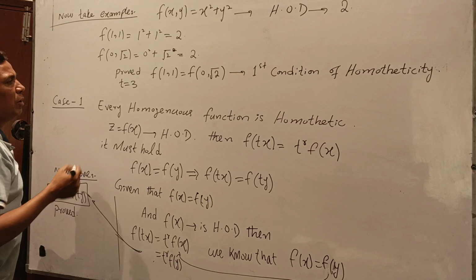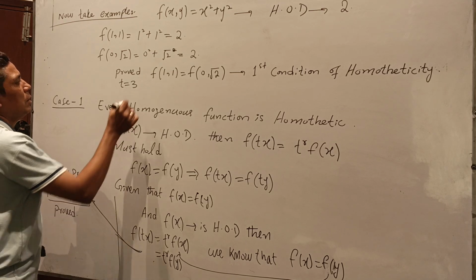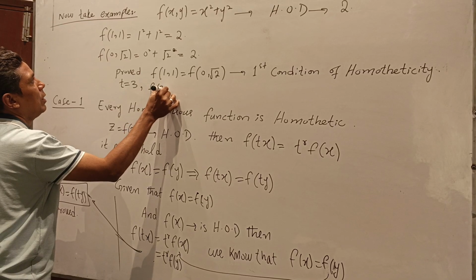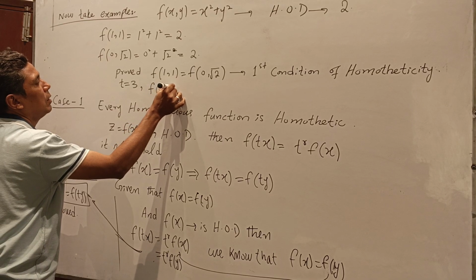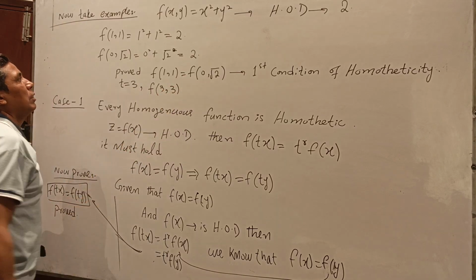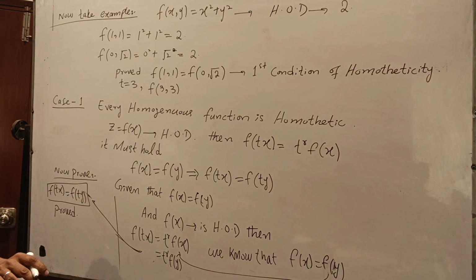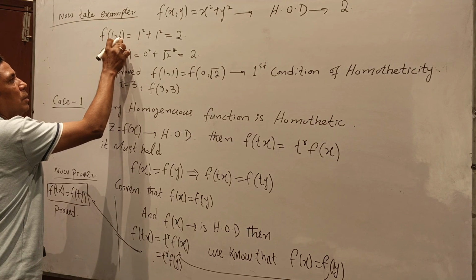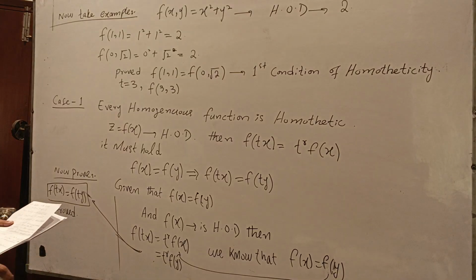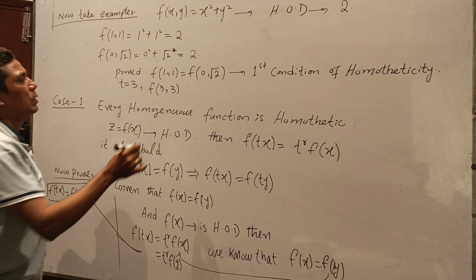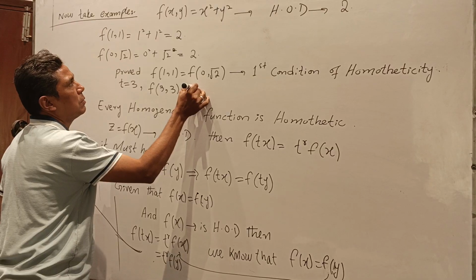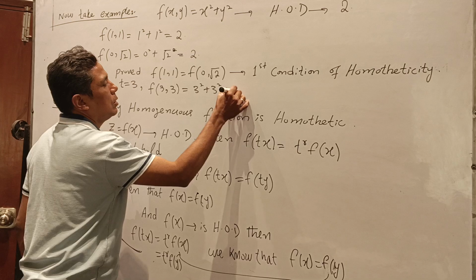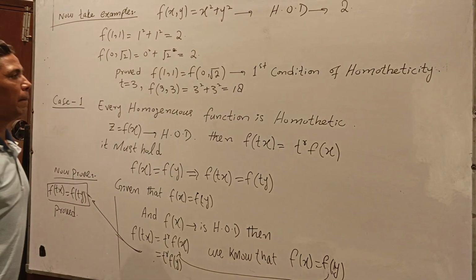Okay, let's take 3, or 2, whatever. So f of 3 and 3: 3 square plus 3 square, it is equal to 18. Clear?